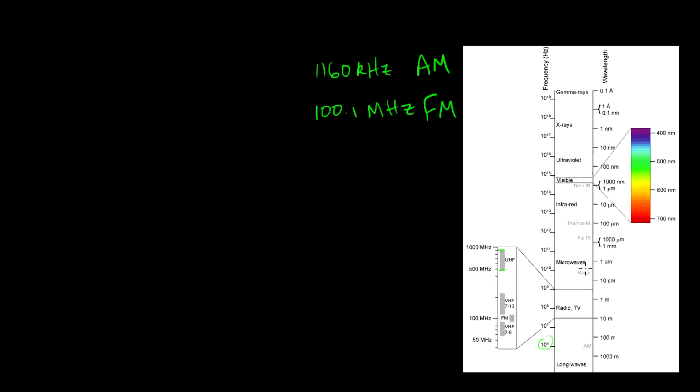So just don't get the idea that these boundaries are set in stone. By law, people can set standards for different regions of the spectrum. But it's not like there's a sudden change from being a microwave to an infrared wave. It's a spectrum is what I'm trying to say. It's a continuum, and it slowly changes between these things.